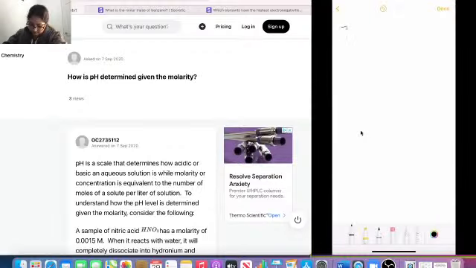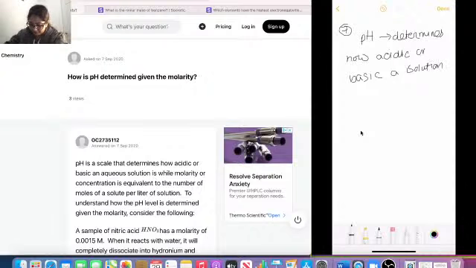Okay. And so our next question says, how is pH determined given the molarity? Okay, so pH, right, it's a scale that determines how acidic or basic a solution is, in simple terms.